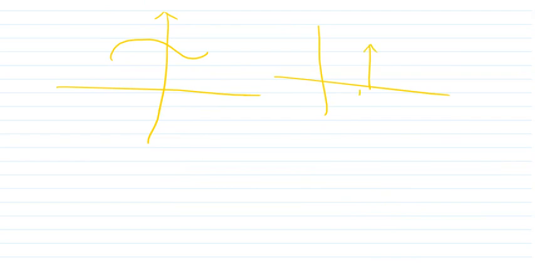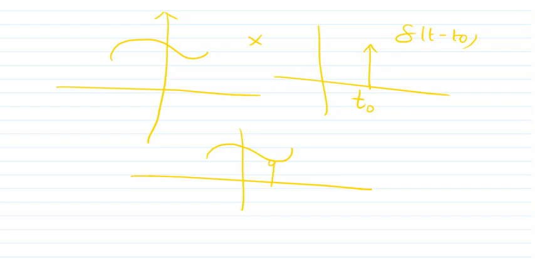So if we take the delayed signal, suppose this is our x t, and we take this delayed signal, that is del t minus t naught. If we multiply these two signals, basically at t naught we are getting a sample.